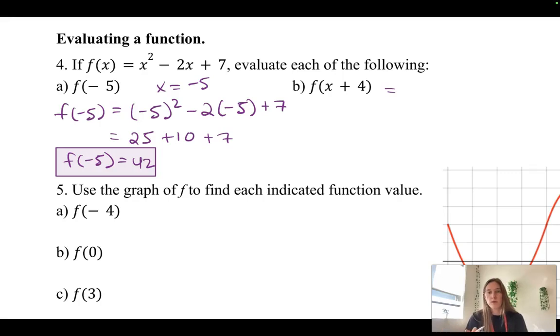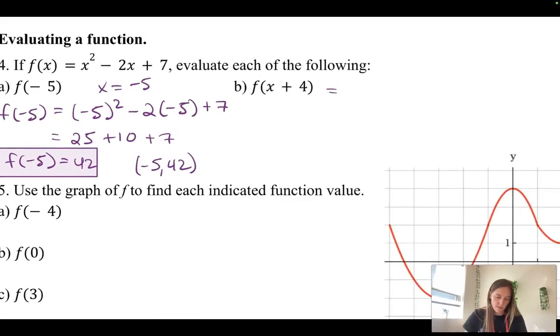Another way to think about this problem is if we graphed this function, a point on the graph will be negative 5, 42. Okay, in this next one, we're substituting in x plus 4 into the function. So everywhere we see an x, we're going to substitute in x plus 4. So we get x plus 4 squared minus 2 times x plus 4 plus 7.